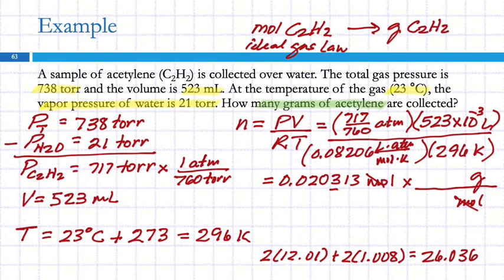See how the units cancel out. If I multiply by moles and divide by grams, I get some crazy quantity of moles squared per gram. Not very useful. So watch your units. So it's that many grams for 1 mole, 26.036. So 0.020313 divided by 26.036.